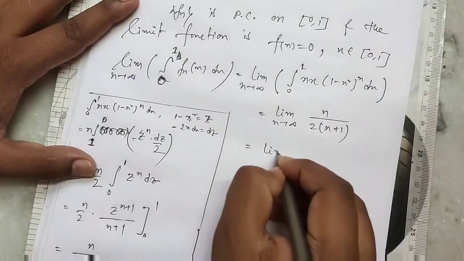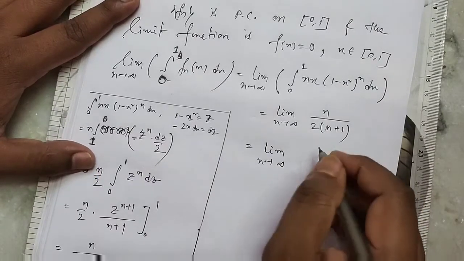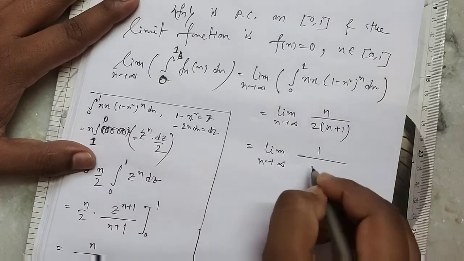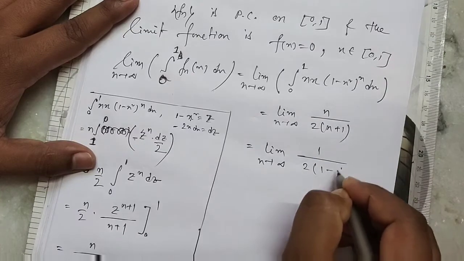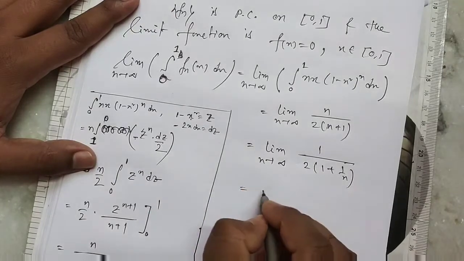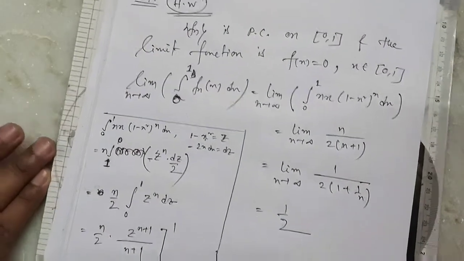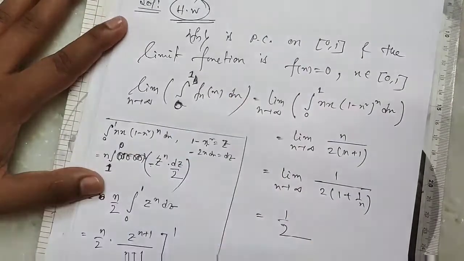We found this limit in previous classes. It is 1 by 2 times (1 plus 1 by n), and as n tends to infinity this limit will be half. Clear? So this limit is half.